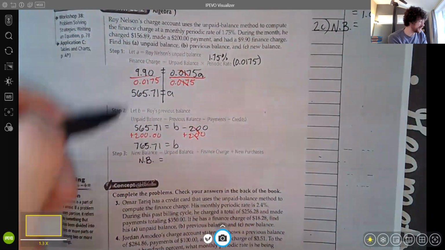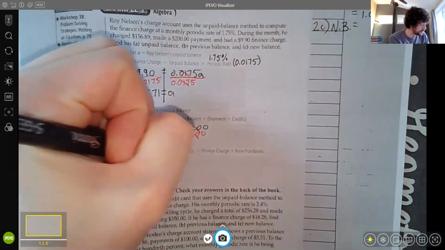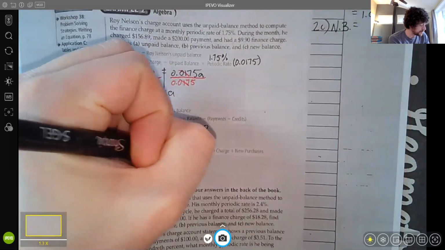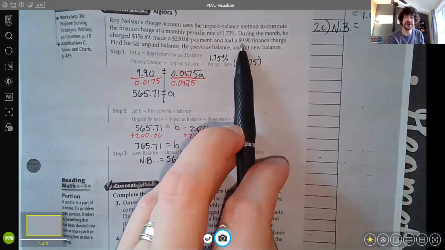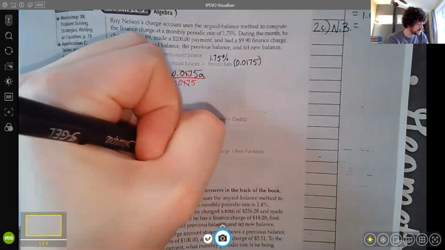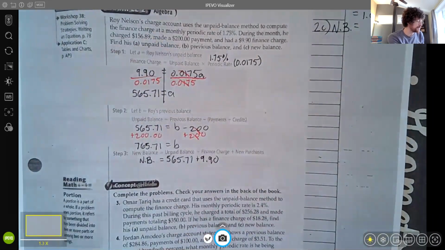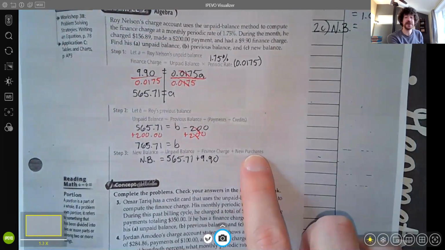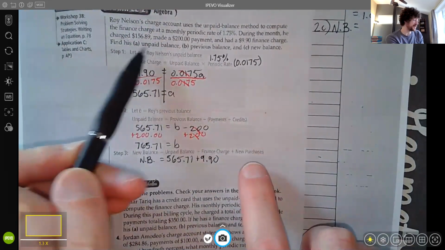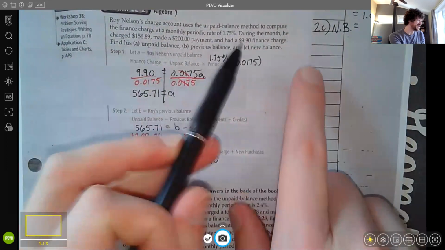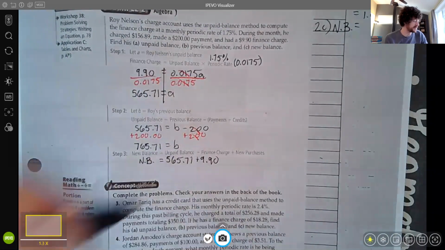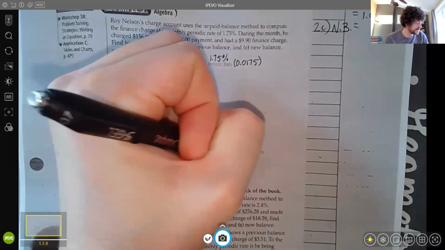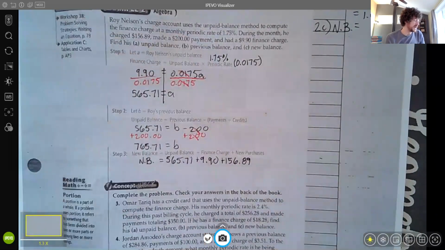The new balance is equal to the unpaid balance, $565.71, plus any finance charges, which it told us up here was $9.90, plus the new purchases, which was in the problem at the beginning as well. During the month, he charged $156.89. Those are the new purchases, so plus $156.89.